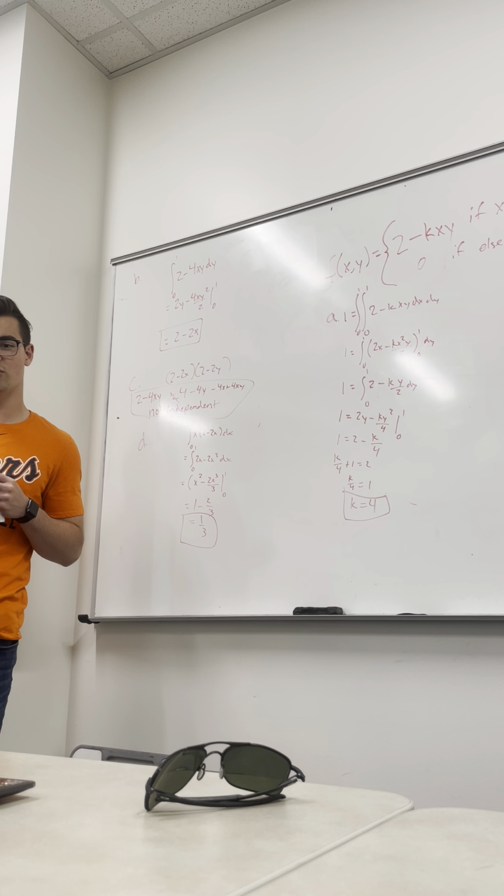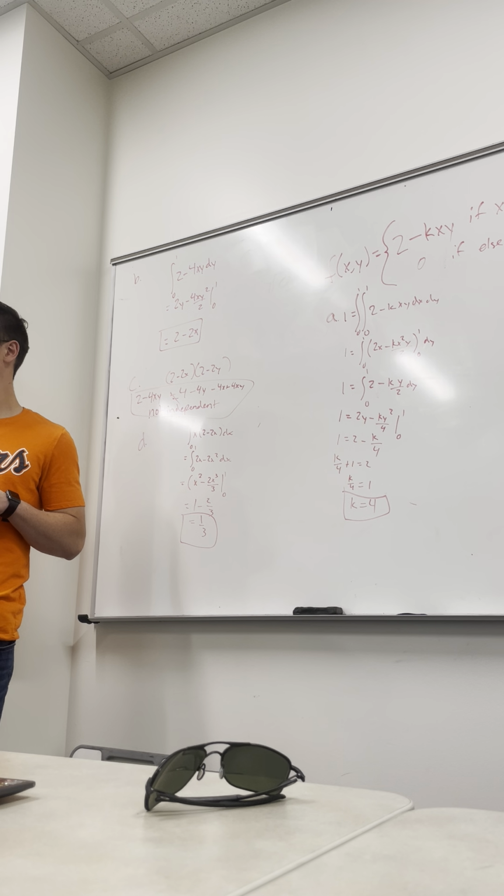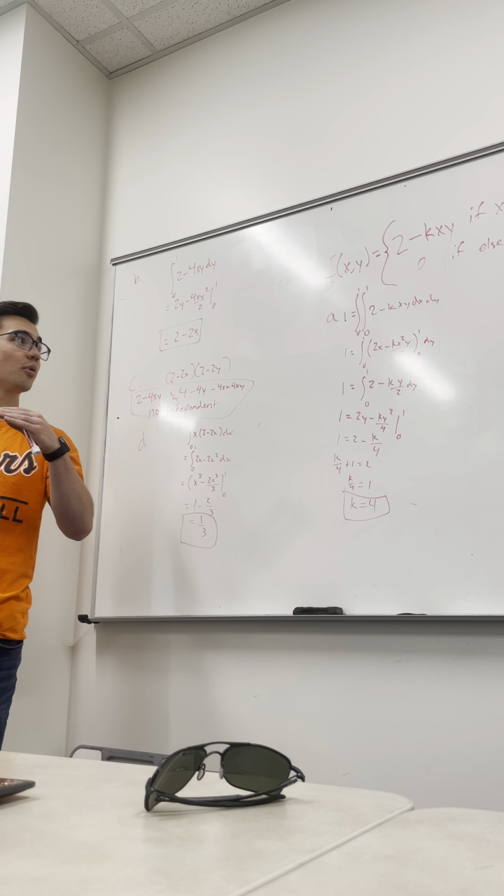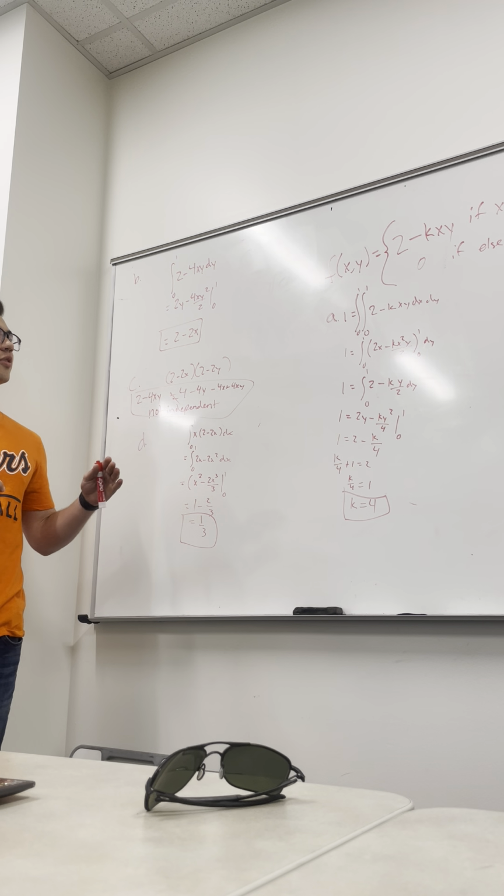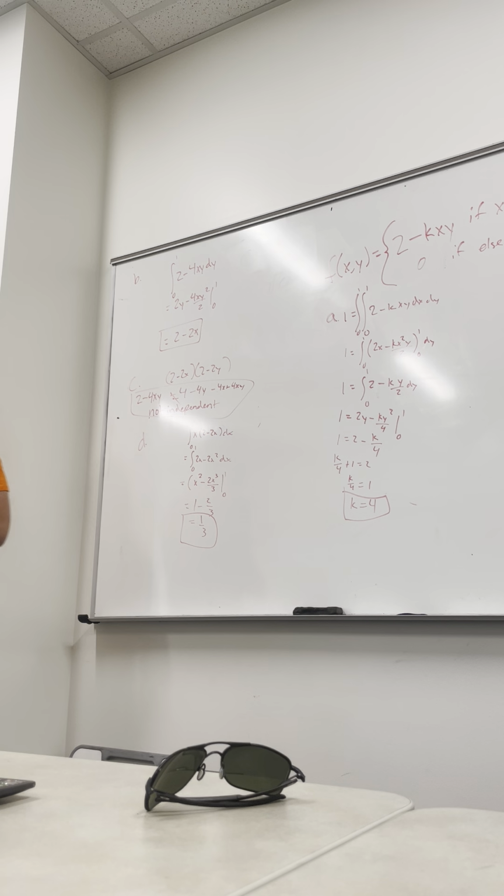By show of hands, who's through part D? I'm about to finish D. Okay. We'll take a pause at part D so that we can talk through this, and then I can erase the board and start doing the later parts.